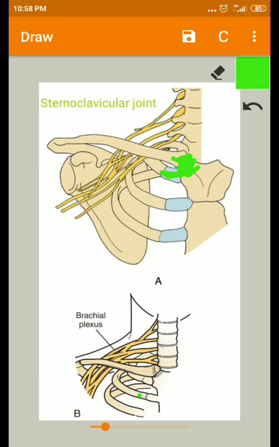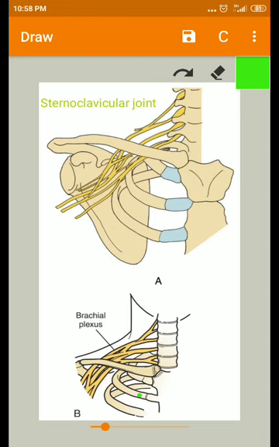So the movements of the clavicle take place in these areas only in relation to the manubrium.